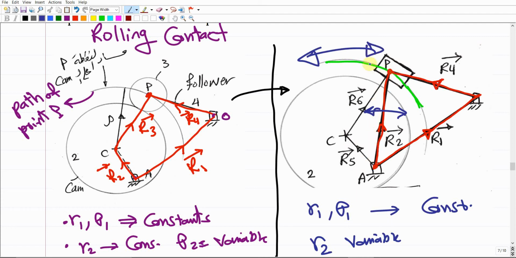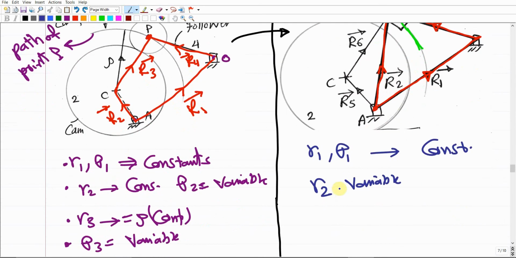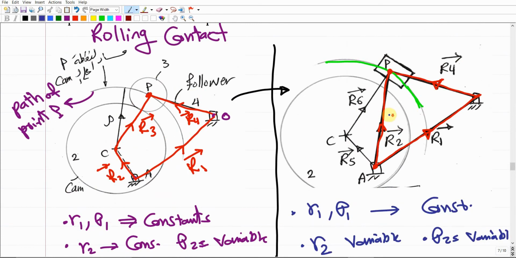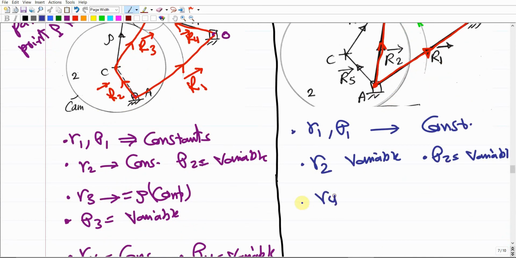If it rotates to the left, this distance becomes longer, and so on. So this means that R2 is variable. Definitely theta 2 is variable. We can understand this, right? Why? Because this one is rotating, and R4 is going to be constant.